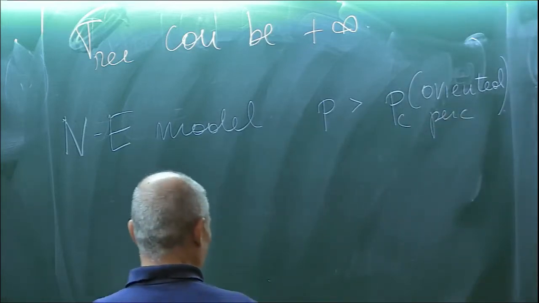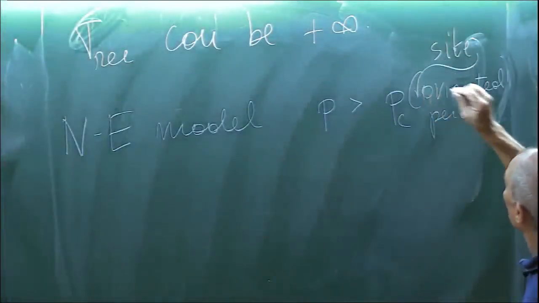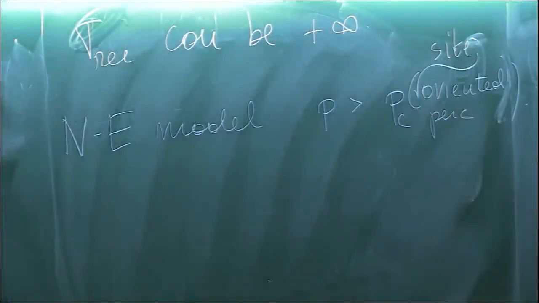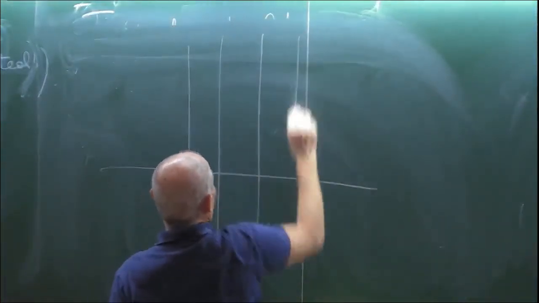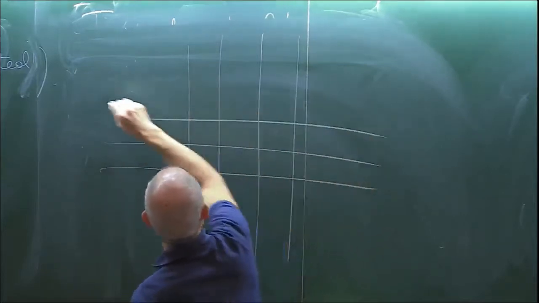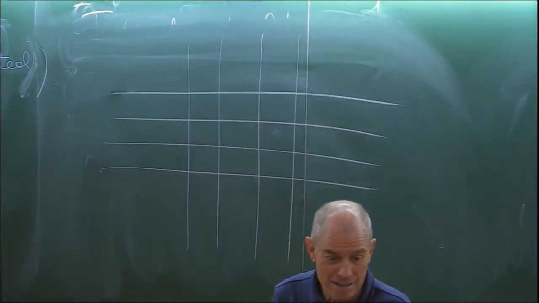So, oriented percolation in 2 dimensions, site oriented percolation, just to be very precise. On the 2-dimensional lattice, you assign at each vertex value 1 with probability p and 0 with probability q, which is 1 minus p.